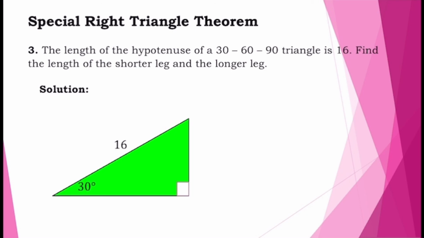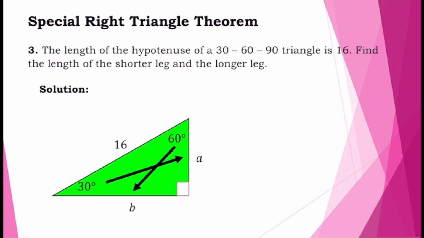We have a 30 degrees angle, and the opposite side of 30 degrees is our shorter leg, so let's label it as side A. And we also have a 60 degrees angle, and the opposite side is our longer leg, so let's name it side B.